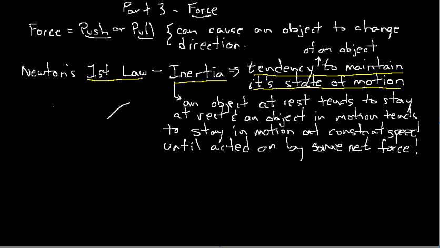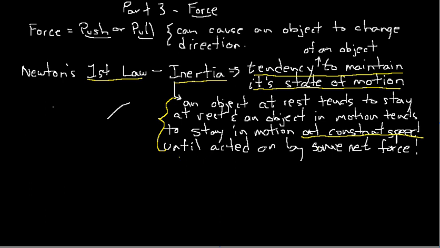All right? If the object's in motion and it's moving, if you want the object to speed up or slow down or change its direction, then some kind of net force is going to have to work on it or act on it. So inertia, we said, big definition right here, is an object at rest tends to stay at rest, and an object in motion tends to stay in motion, and here's the key, at constant speed or constant velocity in this case.